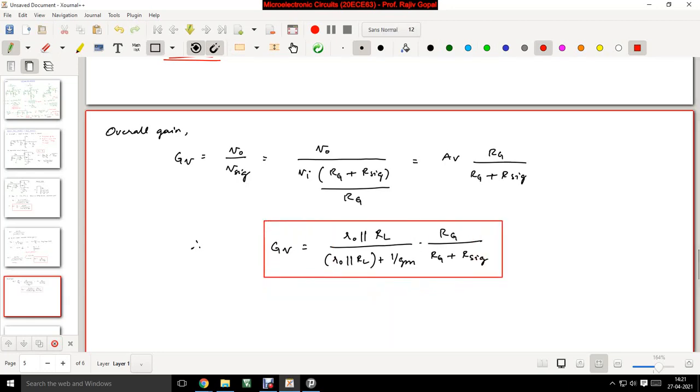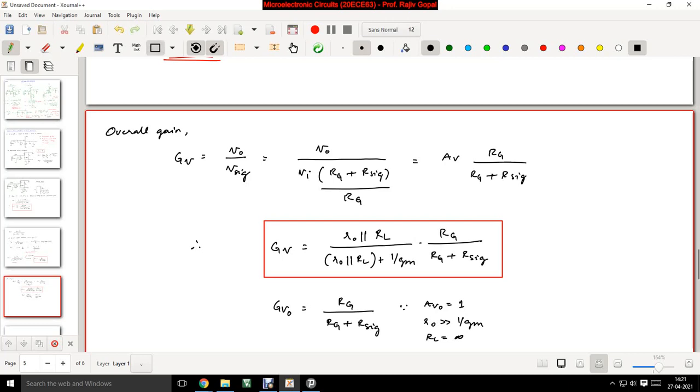Then the last thing which is left out is GV naught. GV naught is obviously simply Rg by Rg plus R signal, because AV naught is 1, and you are assuming R naught is very much greater than 1 by Gm, and RL is infinite.